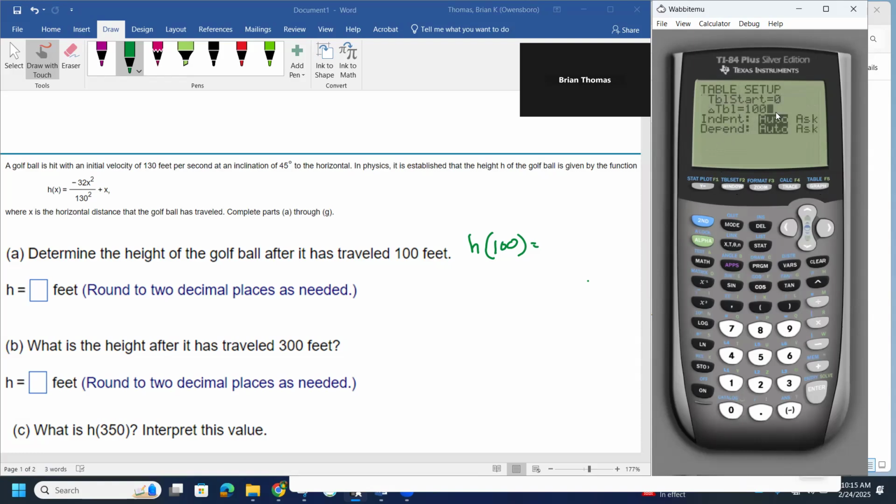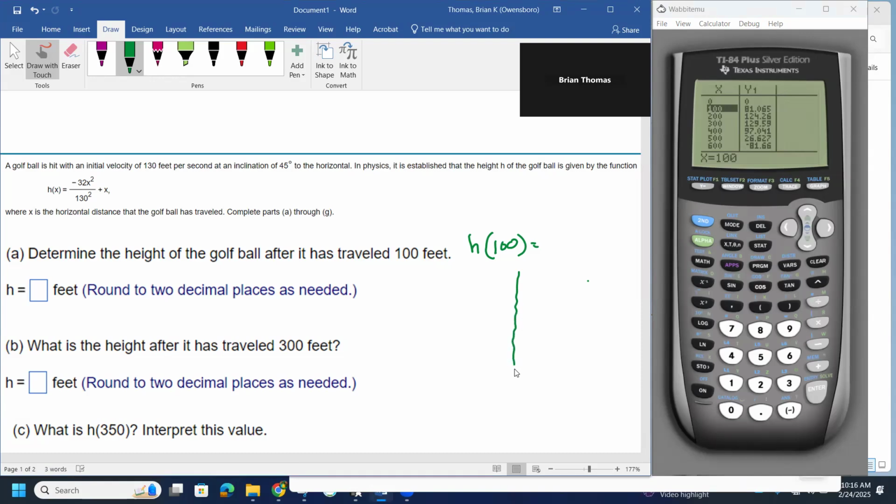Now if I go back to the table, at 100 feet, as it has traveled horizontally 100, it's now going to be 81.065 off the ground.